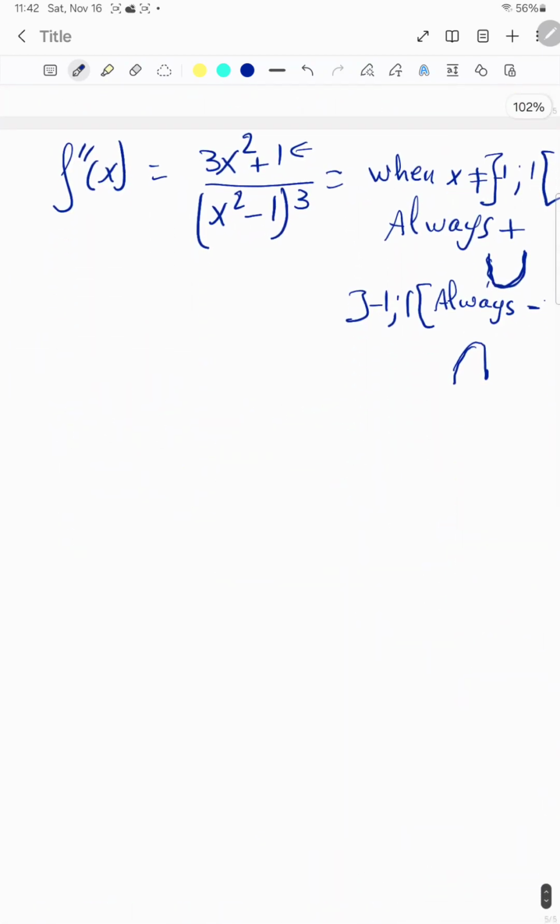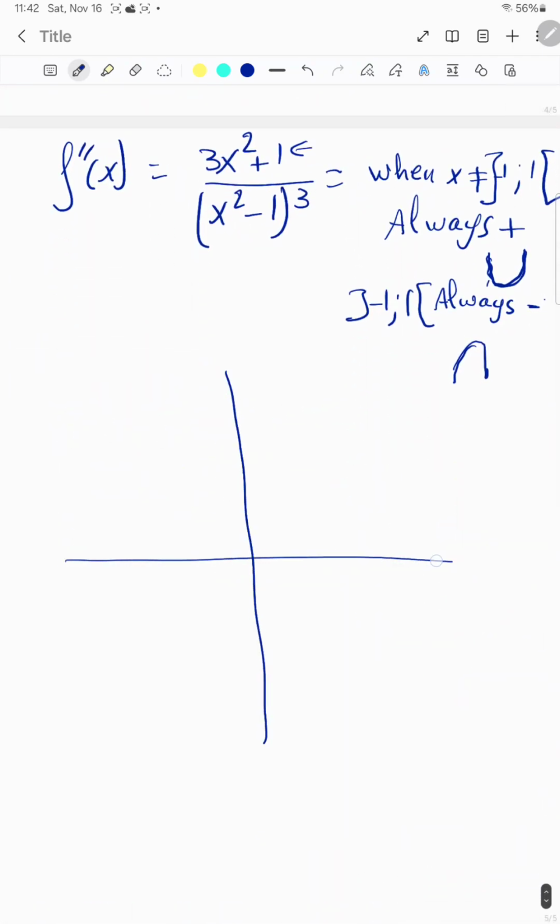So if I want to draw it, it becomes like this. Let's say this is minus 1 and this is plus 1, and those are asymptotes, and this is 2, the horizontal asymptote, and I know this is a maximum here.